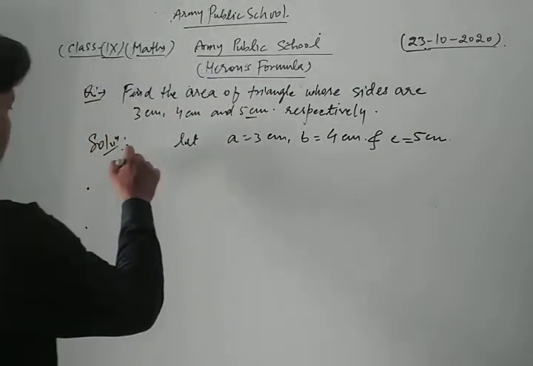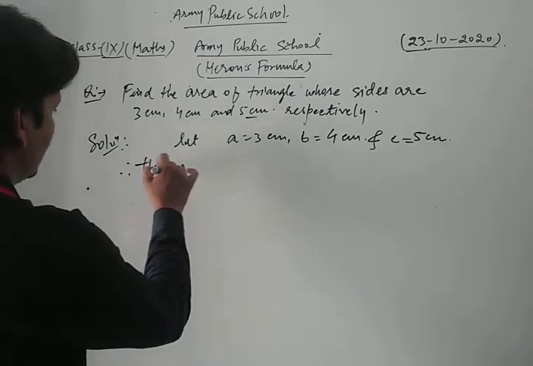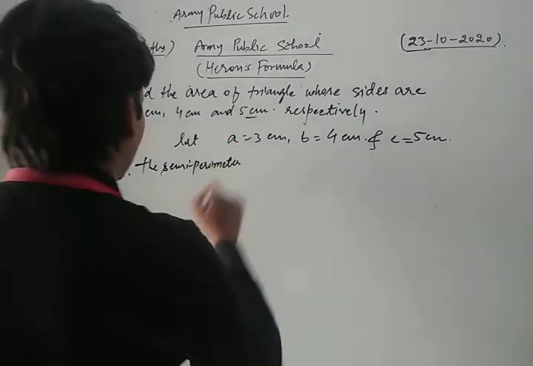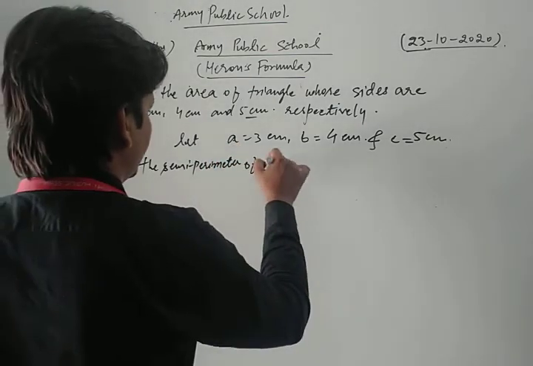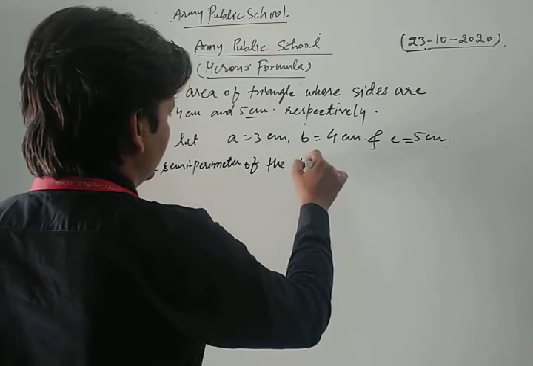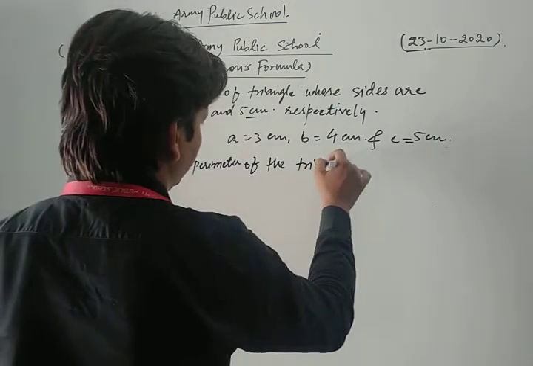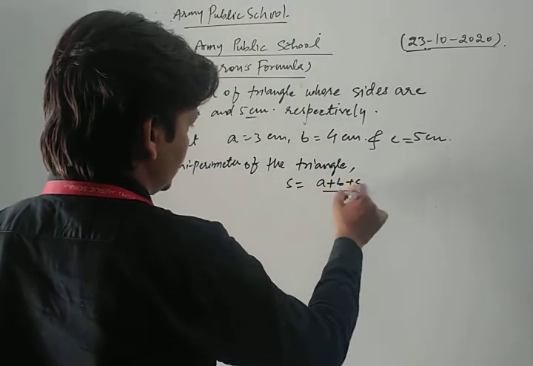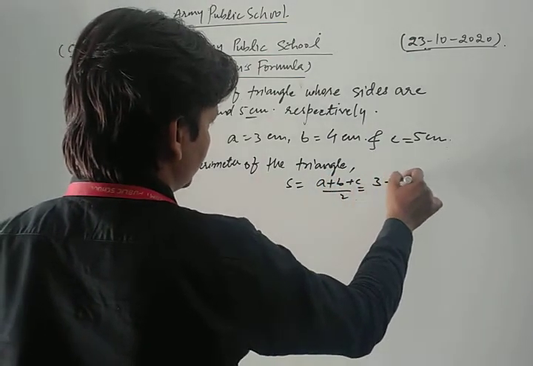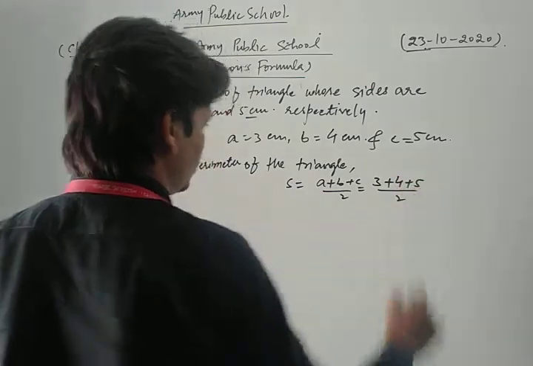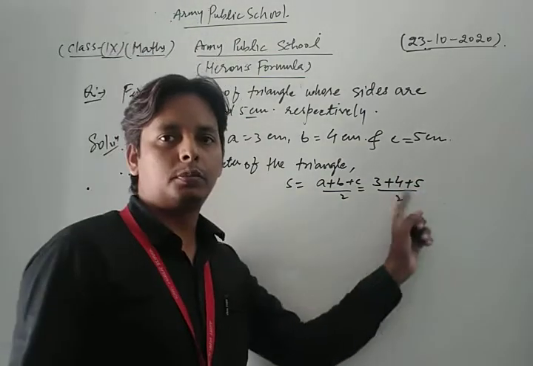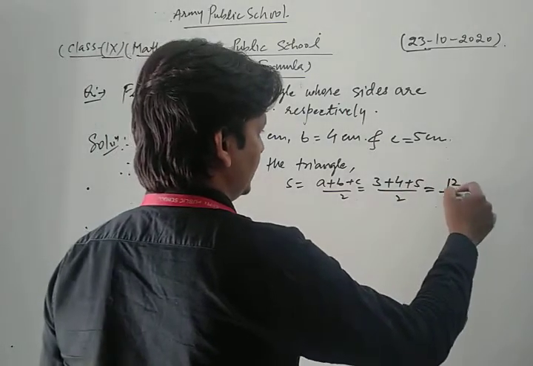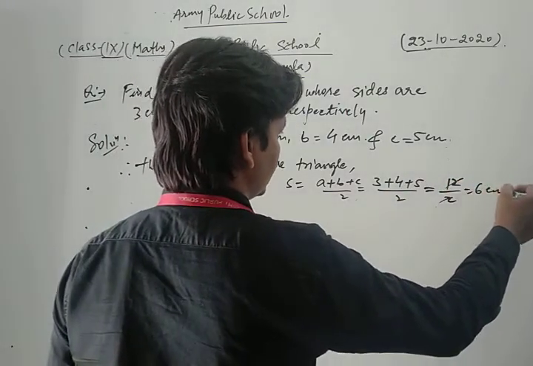The semi-perimeter of the triangle, S, is a plus b plus c by 2, that is, 3 plus 4 plus 5 by 2, which is 12 by 2, that is 6 centimeters.